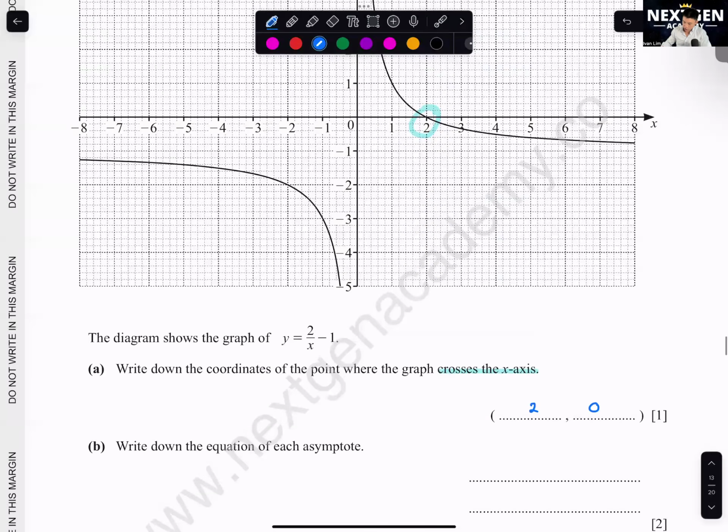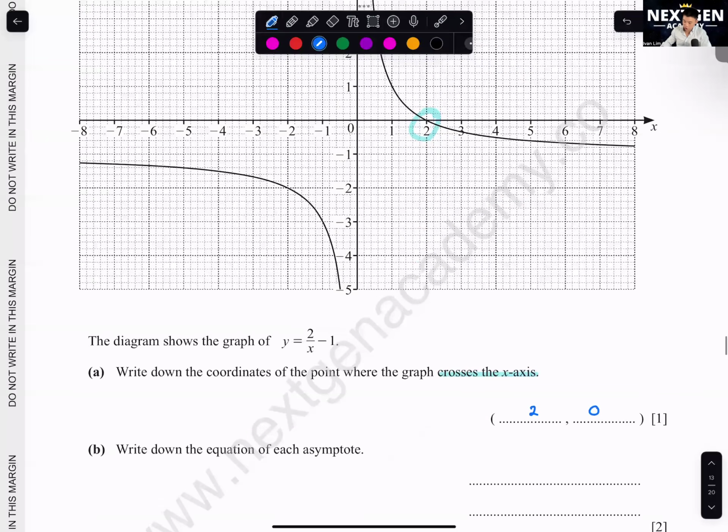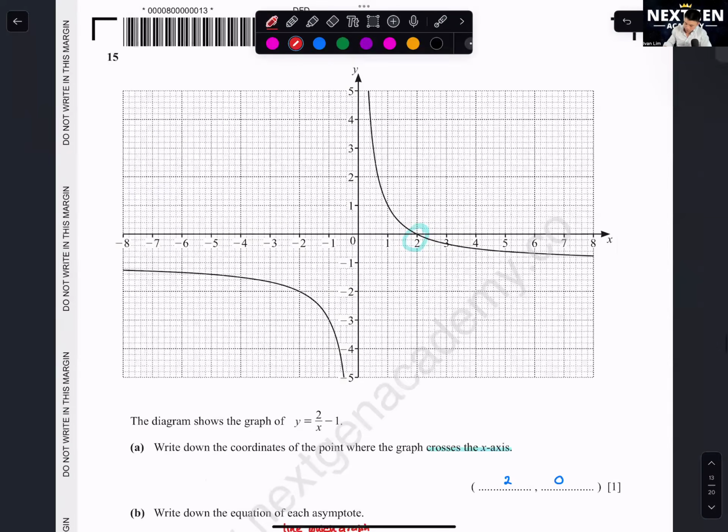Write down the equation of each asymptote. The definition of an asymptote is the line which the graph never touches. So there are two lines.